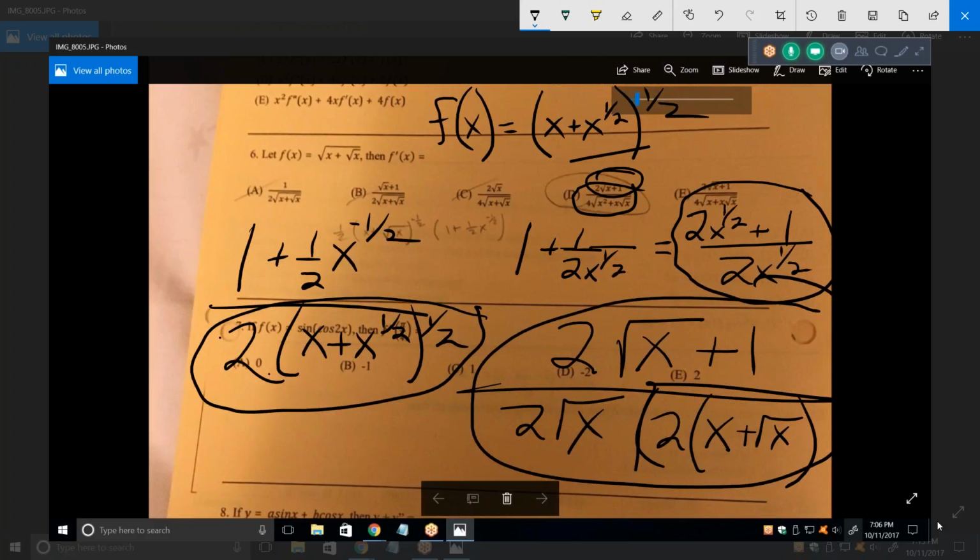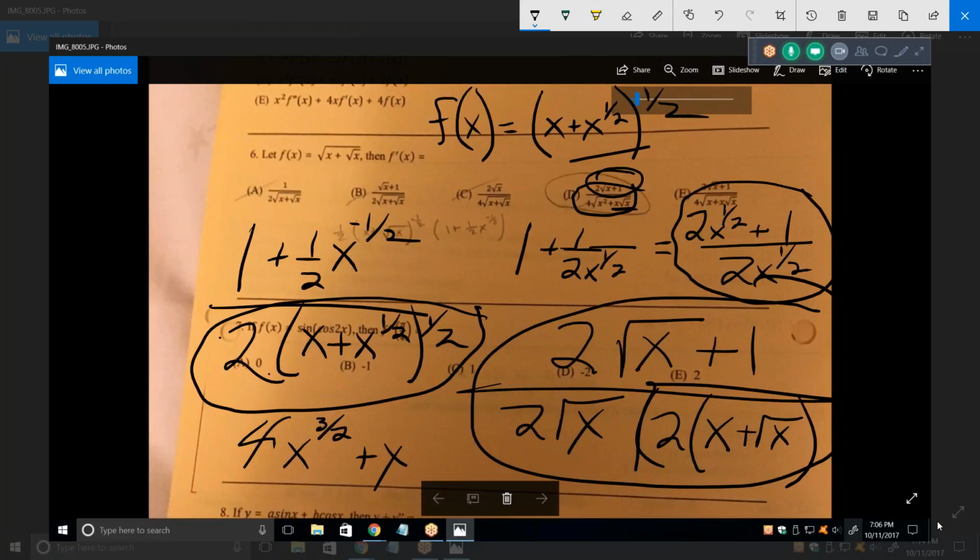And if I distribute this, what do I get? I get 4x to the 3/2 plus x. There's the x to the 3/2 right there, x times square root of x. So in other words, I didn't need to multiply those together.